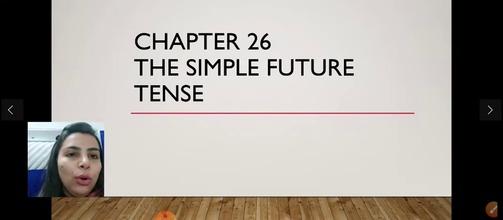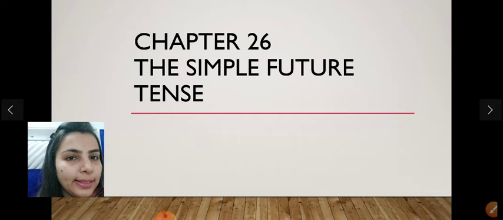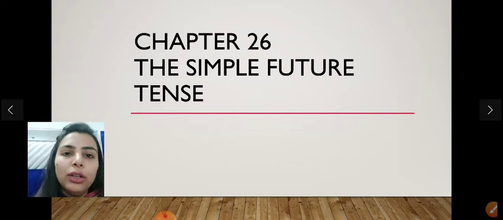With this we are going to study our next tense, which is the simple future tense, which is our chapter number 26. First is our simple past tense, second is our simple present tense. Now we are going to study about the simple future tense.